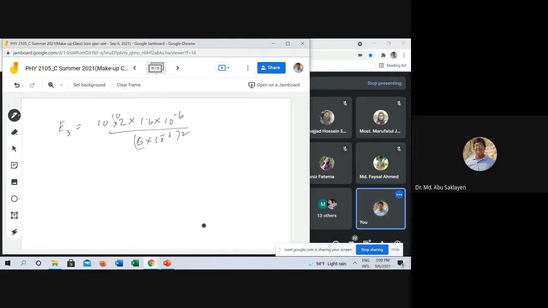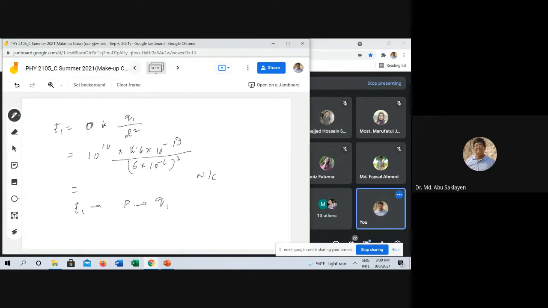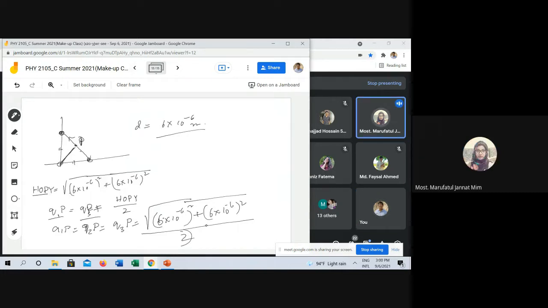So E3 equal to 2E1. Sir, the direction will be P to Q3. So it is just opposite to E1. So if it were also E, they would cancel each other, right?